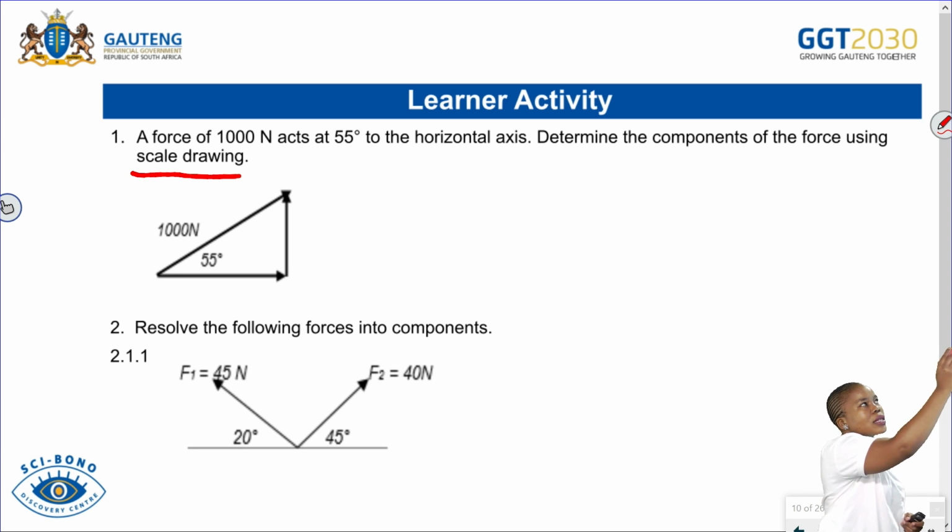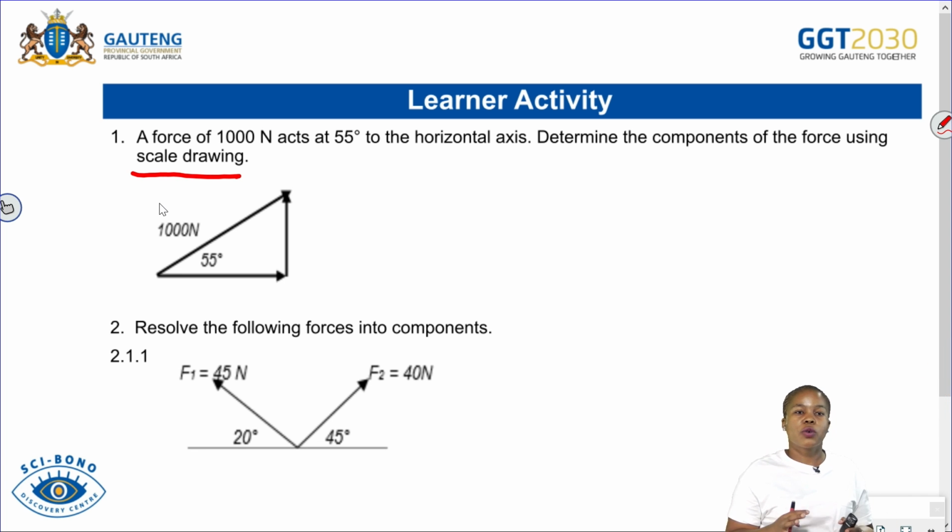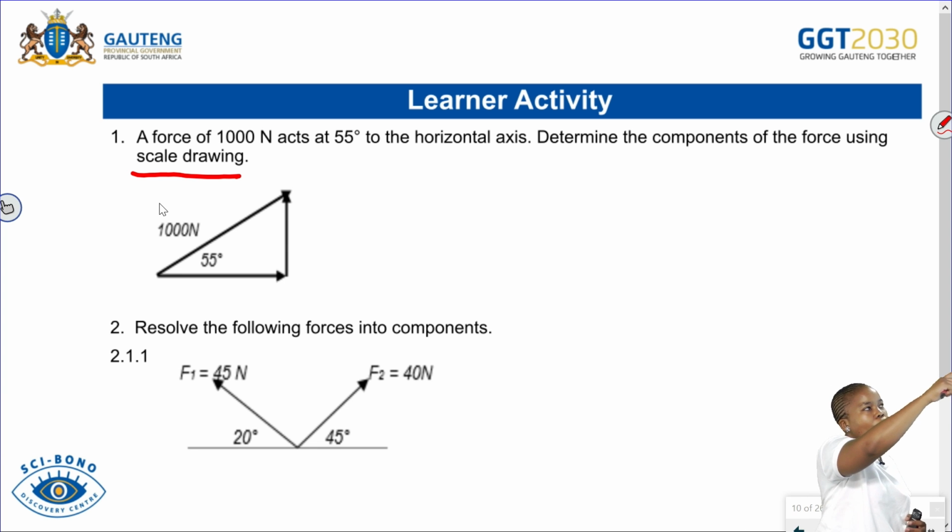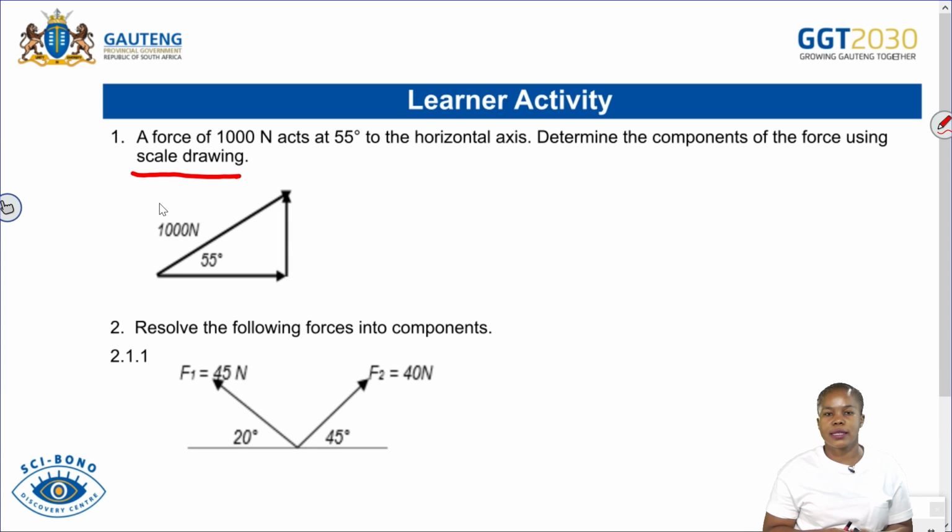The scale helps us to enlarge or to reduce. In this case we want to reduce so that it fits nicely on a piece of paper. So we're given that right angle triangle of 1000 acting at 55 degrees to the horizontal, and you need to find your FRY and your FRX as well.